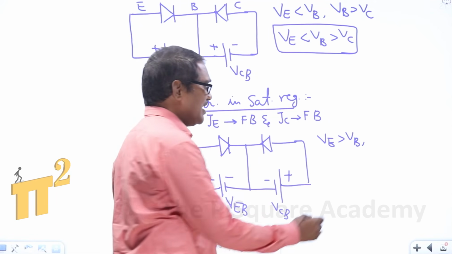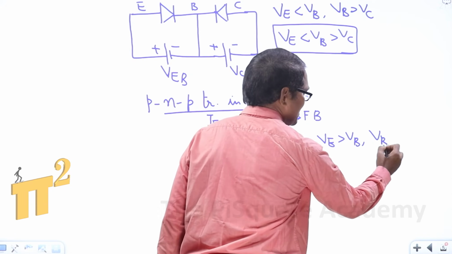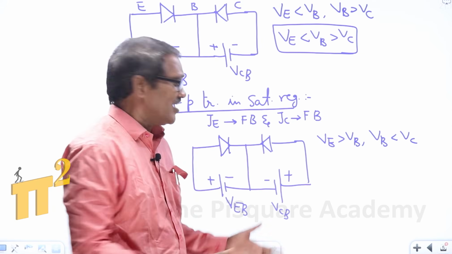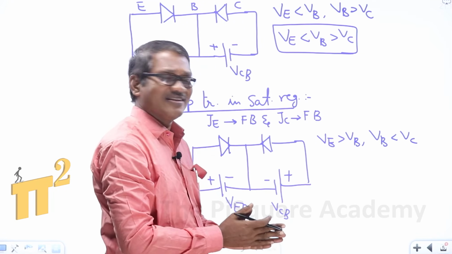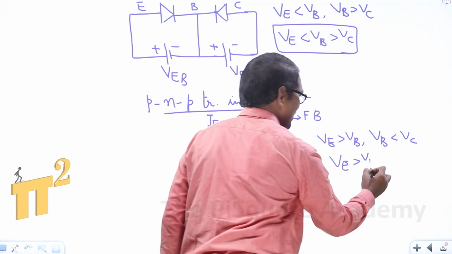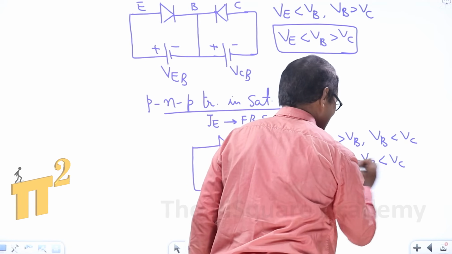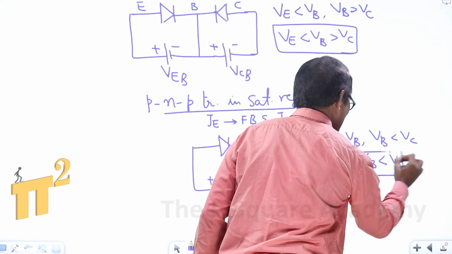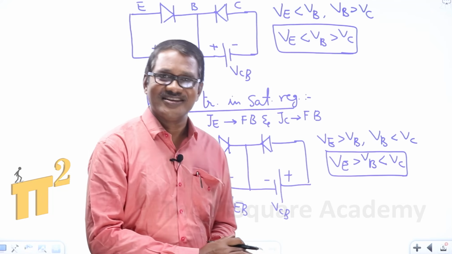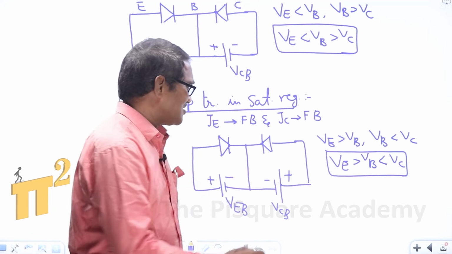That means VB is less than VC. If you combine these two conditions, what do we get finally? VE is greater than VB is less than VC. This is the condition that must be satisfied to operate the transistor in the saturation region. Have you understood this condition?